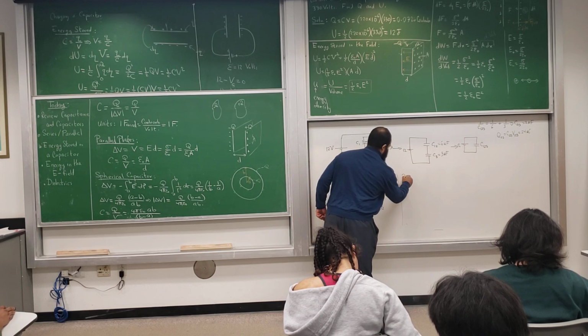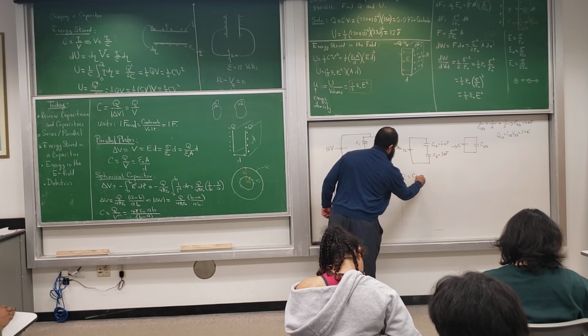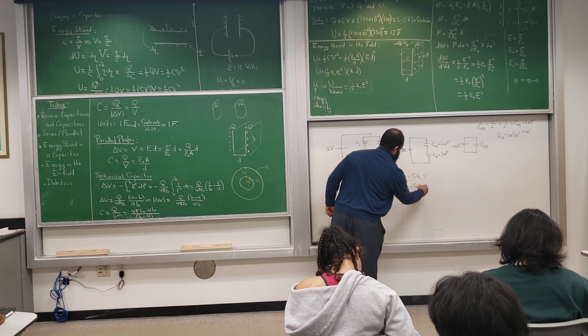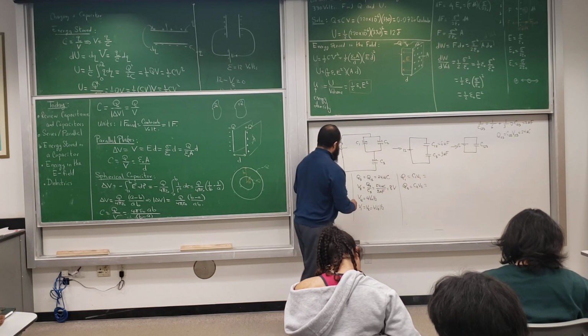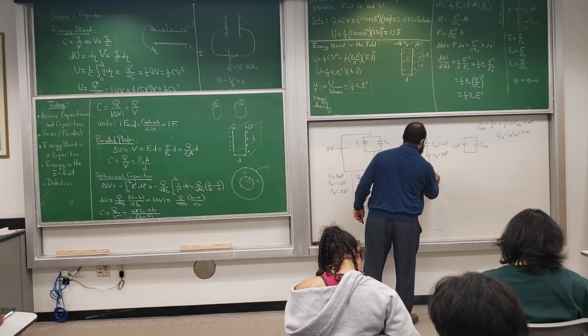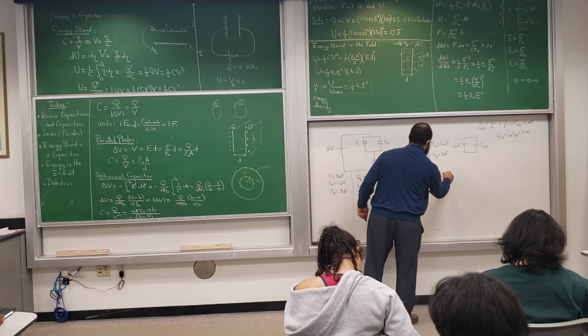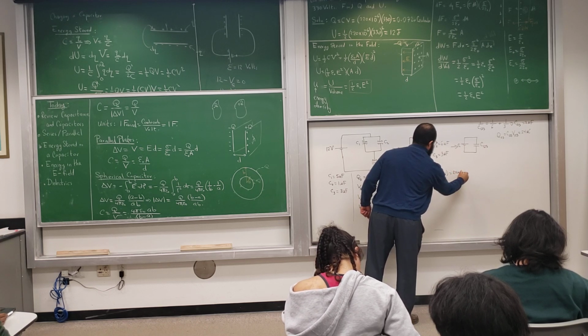So let's do it. Q1 will equal C1 V1, and Q2 will equal C2 V2. C1 is 5, and V1 is 4 volts, so you get 20 microcoulombs.